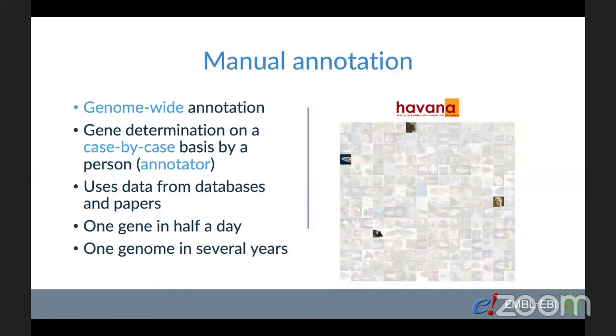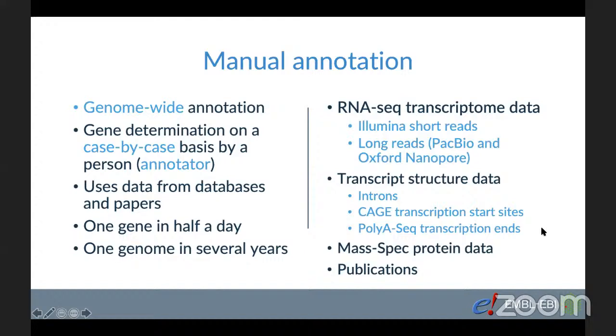That's why it's only done for human and mouse, and partially for rat and zebrafish for those specific genomic regions of interest. And the annotator can utilize a wider selection of experimental data, including some RNA-seq data, both short and long reads, but also some data supporting the transcript structure, including CAGE and poly-A-seq data, which can tell us something about the transcription start and end sites, but also mass spec proteomic data and publications.